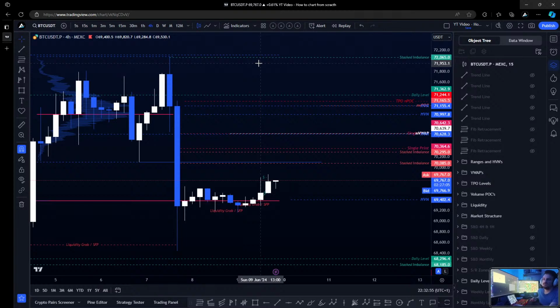Everything else is just noise. If you catch a good trade on the top, you shouldn't just close because you're in a nice profit. You should close whenever the opposing liquidity gets taken, because it will go for the opposing liquidity, right? It's what moves it.